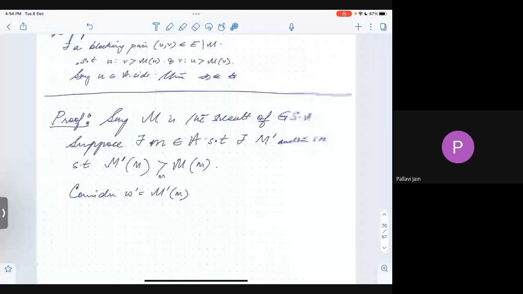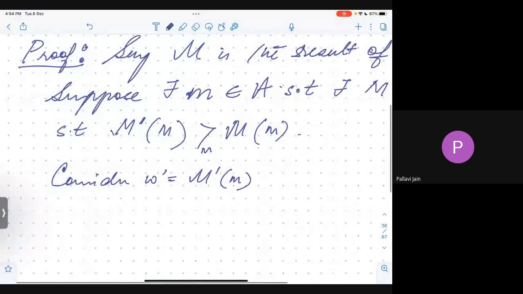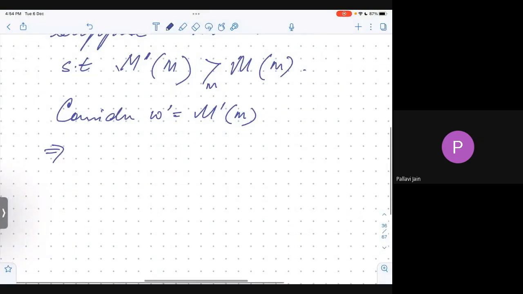So all it means is that W prime's partner in M is better than her partner in M prime, which is M.